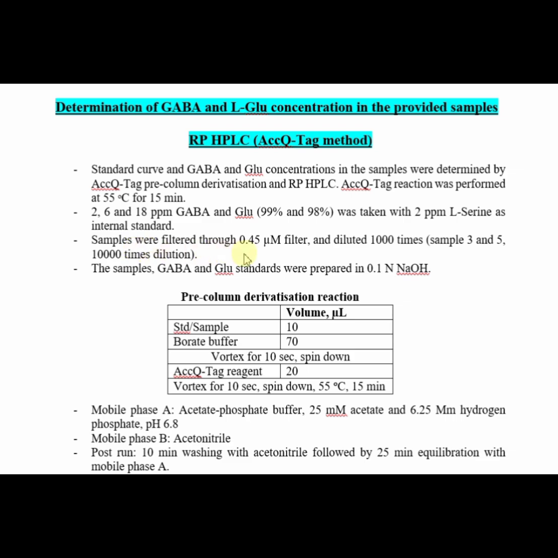All the samples were filtered through a 0.45 micrometer filter and diluted 1,000 times. And if the sample is too concentrated, we can further dilute it. The samples and the GABA and glutamate standards were prepared in 0.1 N NaOH, sodium hydroxide.